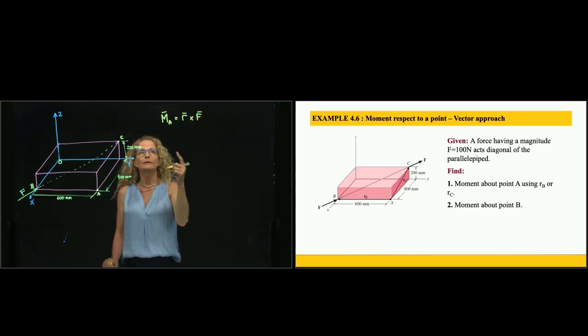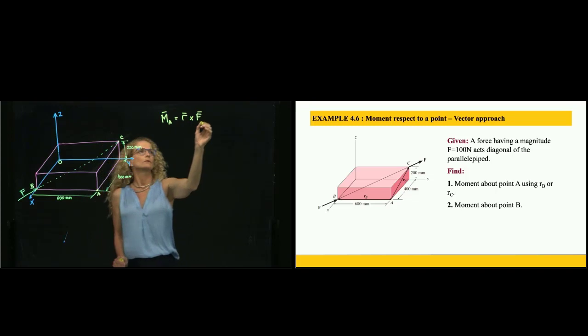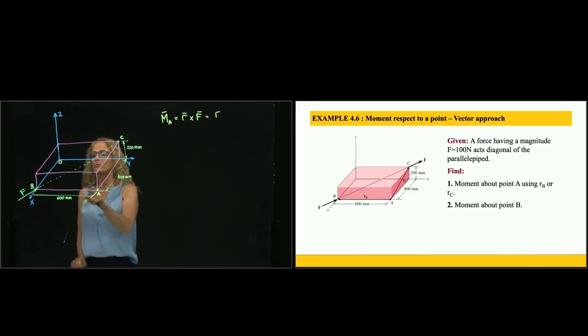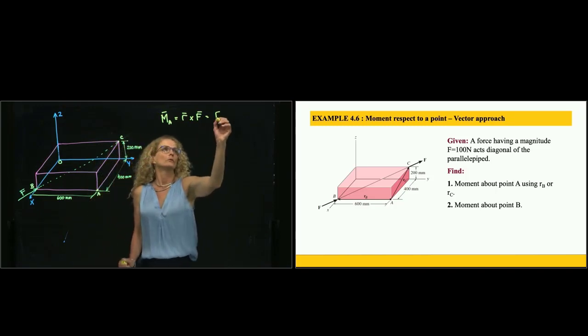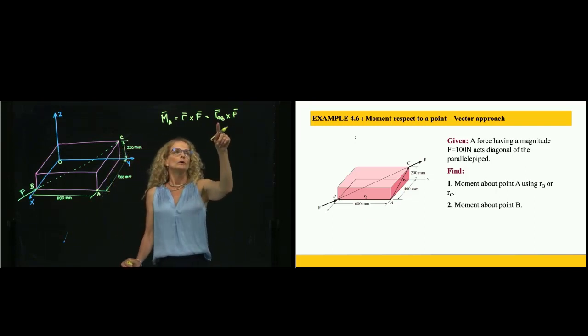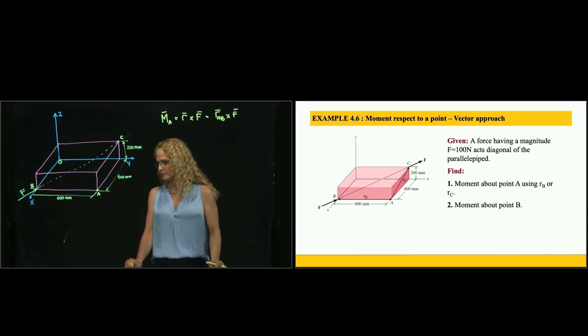Which distance? The distance that goes from point A to the point where the force is applied, so it will be AB cross F. We have to find those two vectors in order to do the calculations.